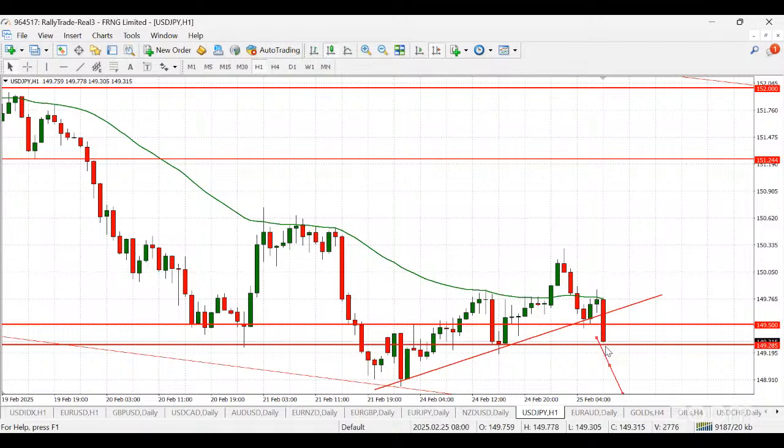So for USD JPY, currently at the support level, but we're not just going to buy blindly because price is at support. We also need to get some bullish patterns at that support level to confirm that this price is getting set to push to the upside from that support. So what we need to see is some bullish reversal pattern at this current level for USD JPY.